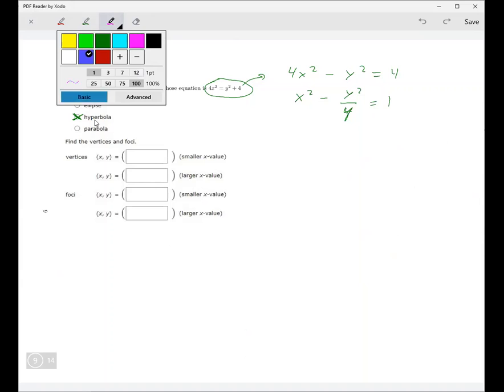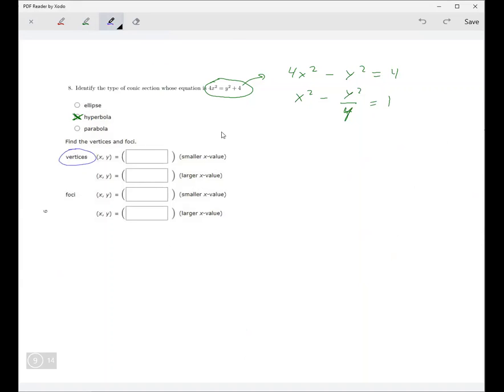Now, for the vertices, the x comes first. So setting y equal to 0 crosses this out, and that gives you the coordinates for the vertices: negative 1, 0, and 1, 0.